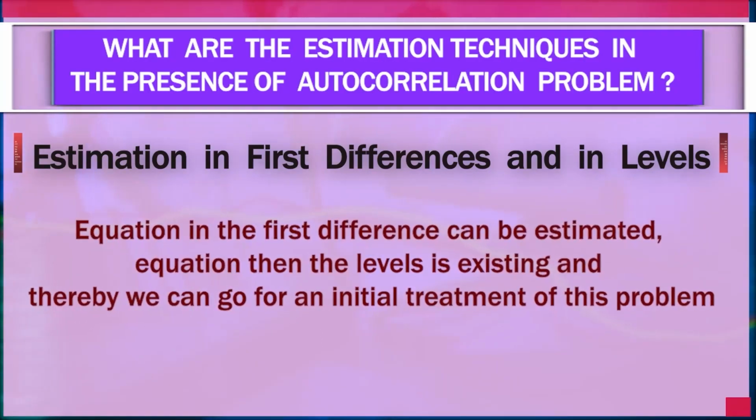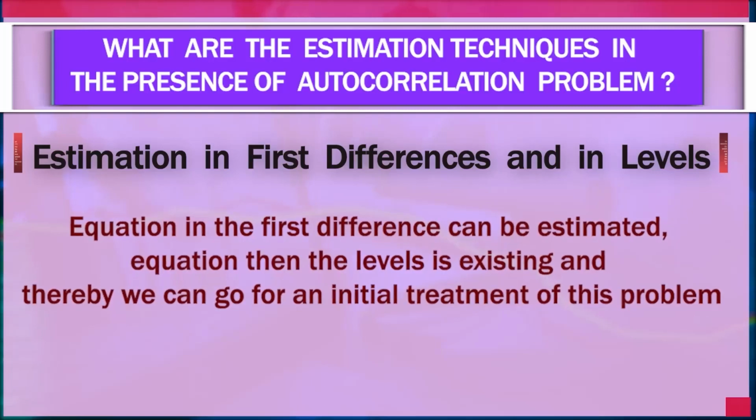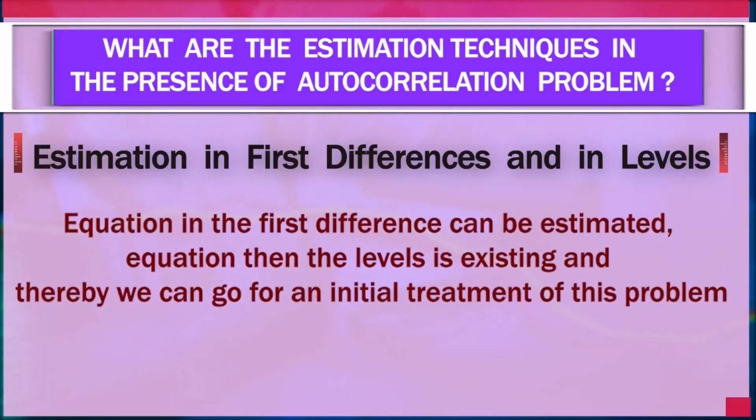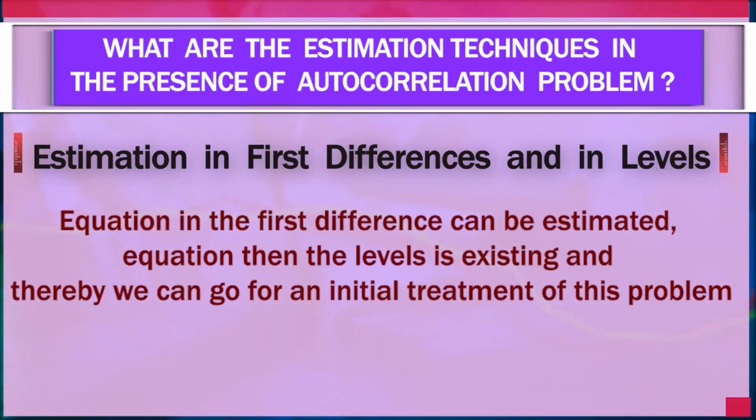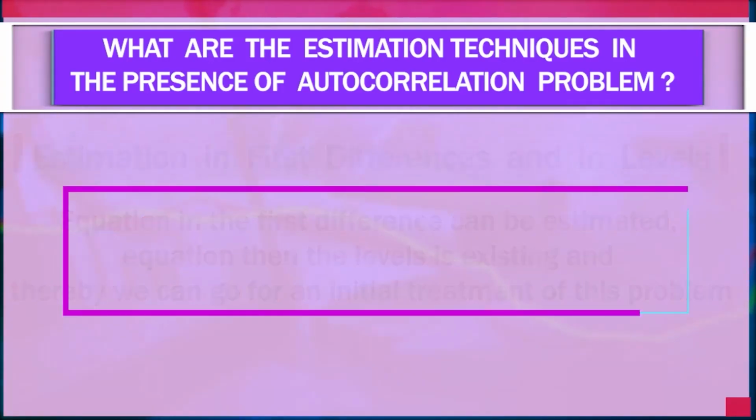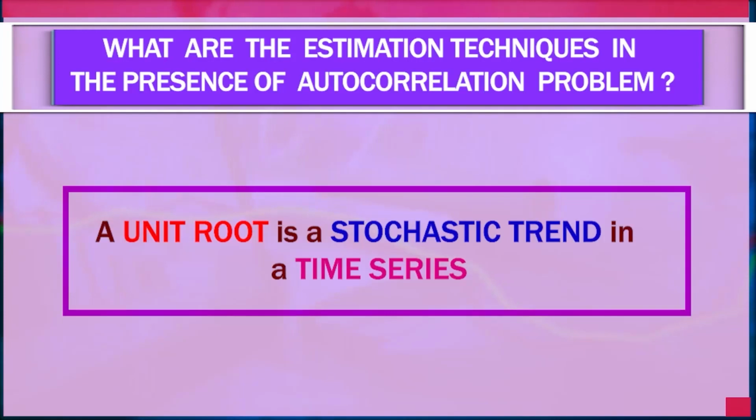But the problem is not so simple to get diagnosed so easily. We need to check further with a confirmatory test, which is checking the unit root. Unit root means that whenever we say ut is dependent on ut minus 1 and there is an autocorrelation coefficient rho, we ask whether rho is equal to 1, unit meaning 1, or not equal to 1.